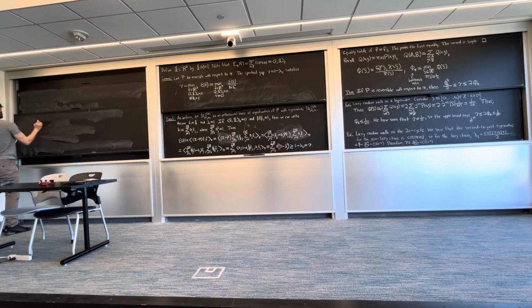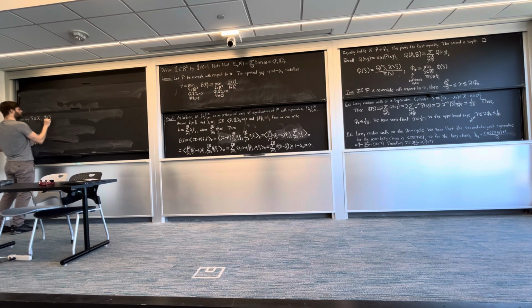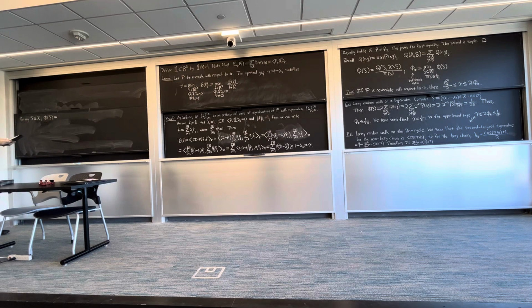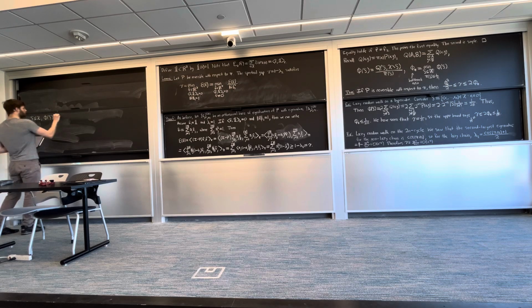For any set S in our state space, which is the 2n cycle, if we look at phi of S, this is equal to the size of the boundary.